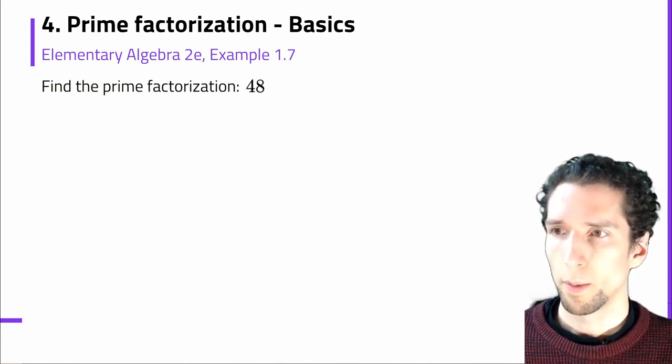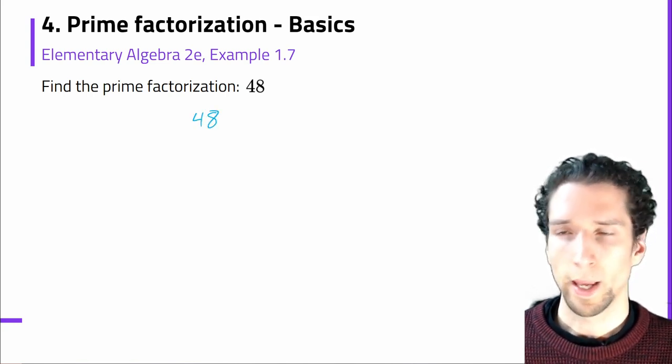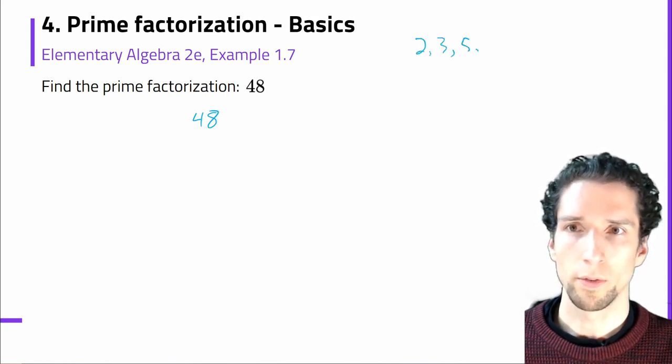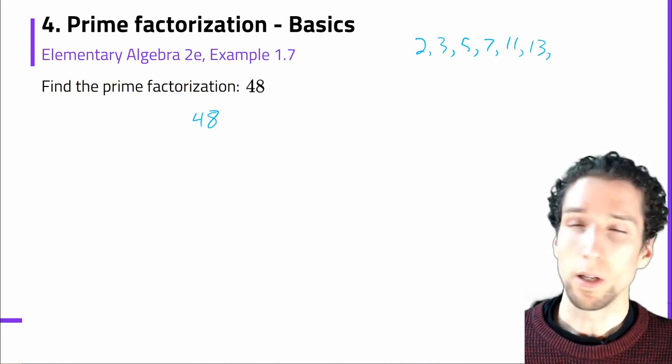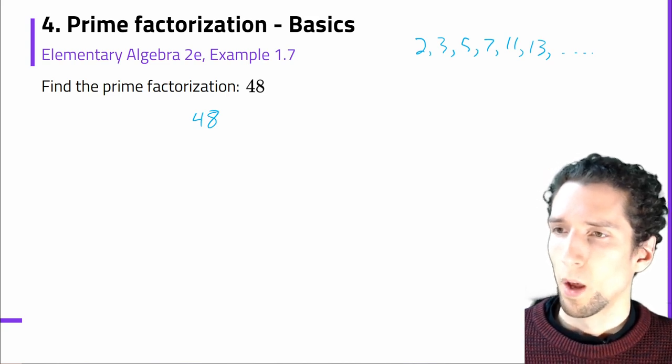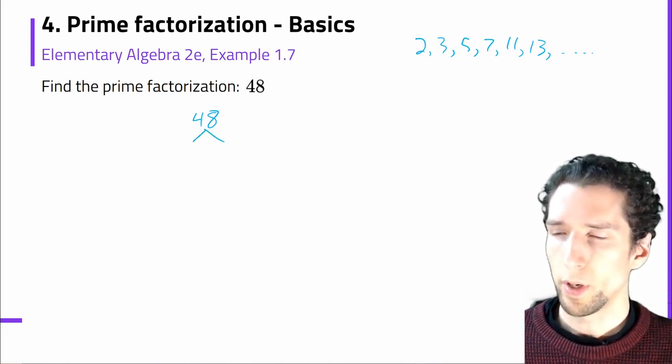So we just take our number. Again, remember the prime numbers. So 2, 3, 5, 7, 11, 13. Usually we don't need many more than this. So 48 here. We'll just use our tree pattern kind of diagram here.